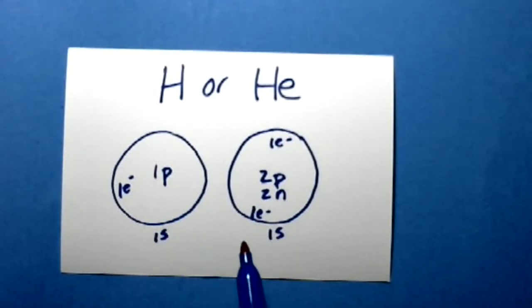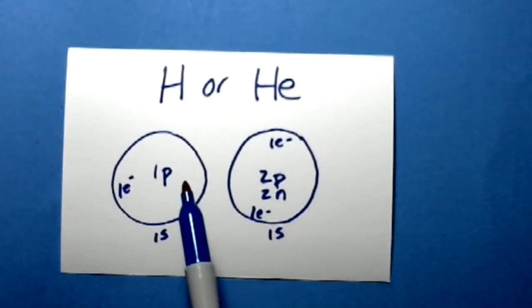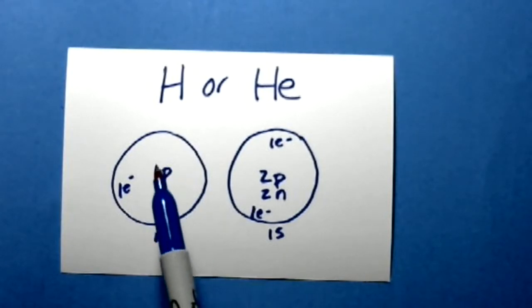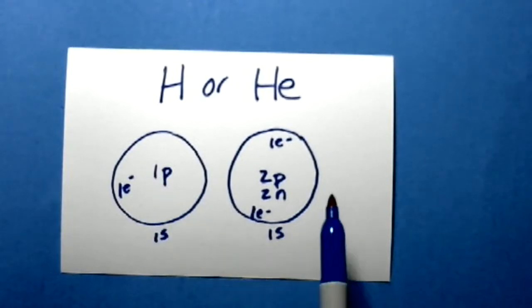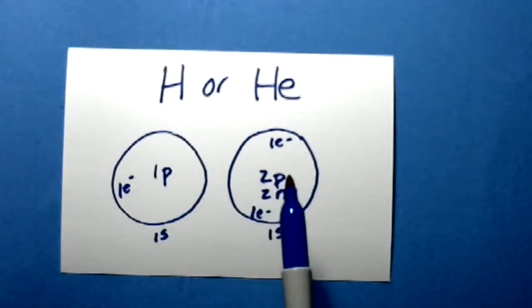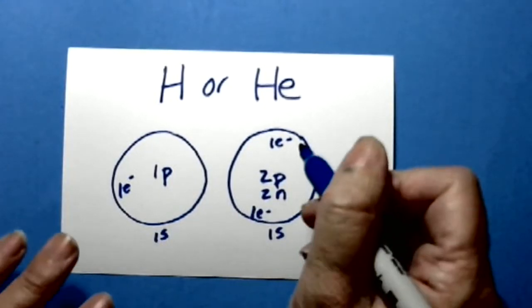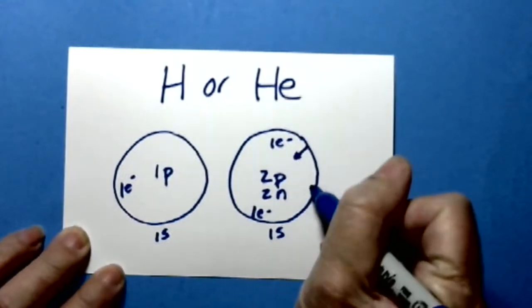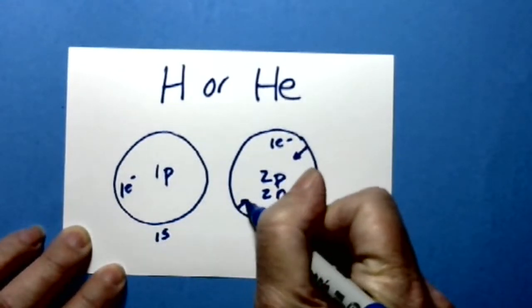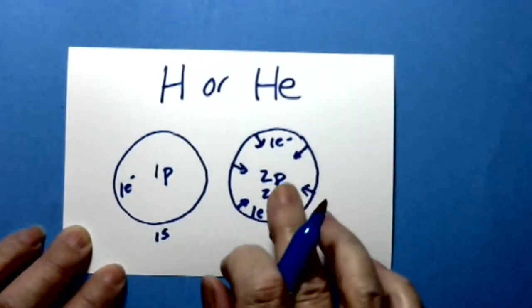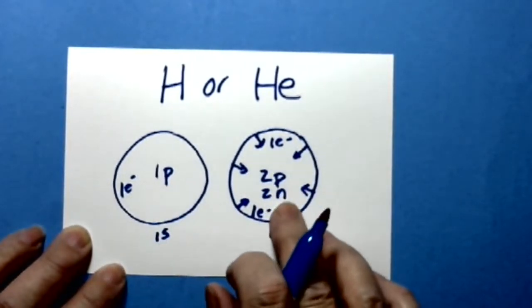Well, it is based on this 1s orbital, which is the outermost orbital. But the problem is this 1s orbital is being pulled into the center by a positive 1 charge. This 1s orbital is being pulled into the center by a positive 2 charge. So what's happening is this orbital gets pulled in tighter than this orbital, and this then is the smaller atom.